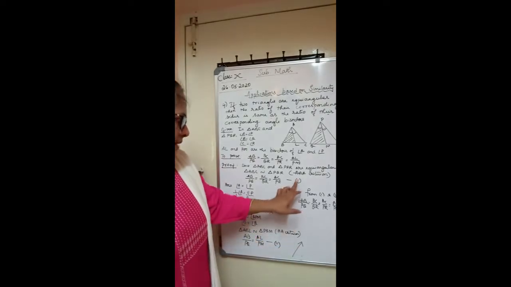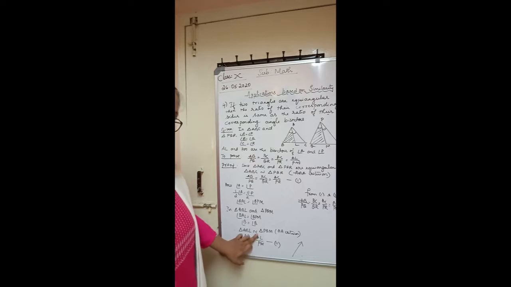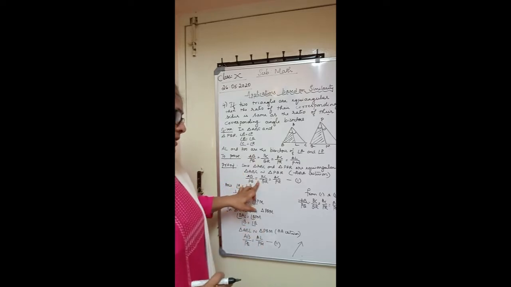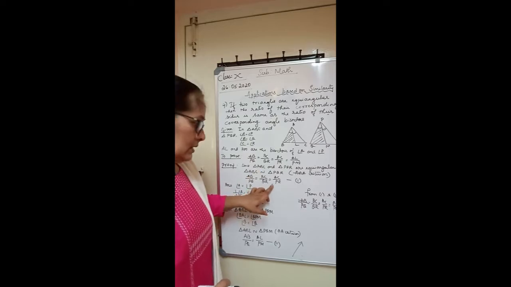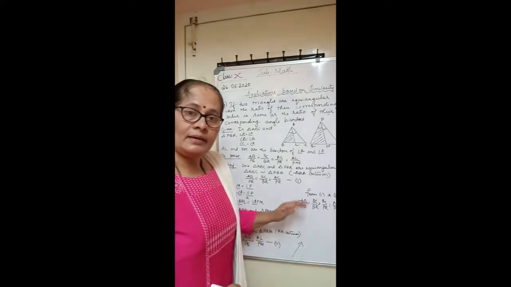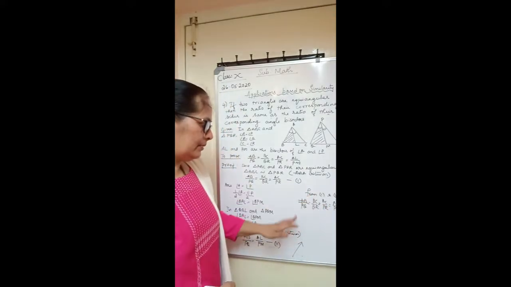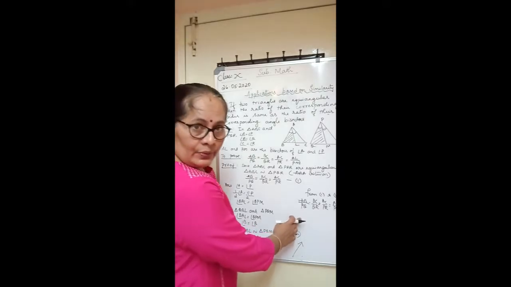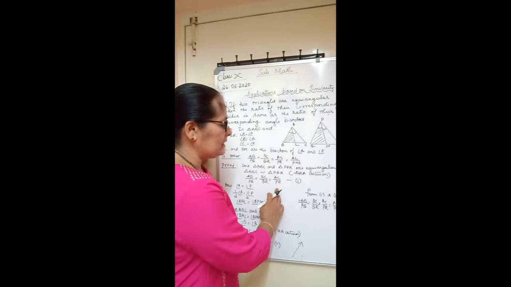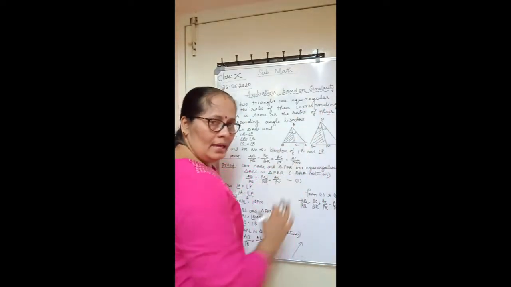Now from equations 1 and 2, AB by PQ is equal to AL by PM, and AB by PQ equals BC by QR, which is also equal to AC by PR. Therefore, from equations 1 and 2, AB by PQ is equal to BC by QR, which is equal to AC by PR, and is also equal to AL by PM.